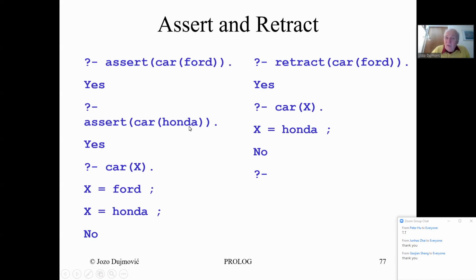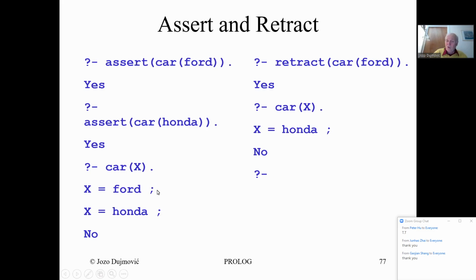And then the second fact, car is Honda, is inserted in your database. What you can do now is to say, give me cars. So car is X. And so what is X? And you are going to get X equals Ford. And that's a correct answer. And you enter semicolon.